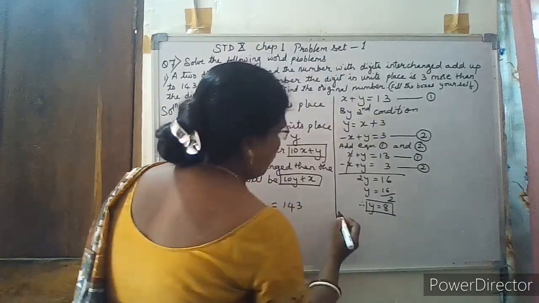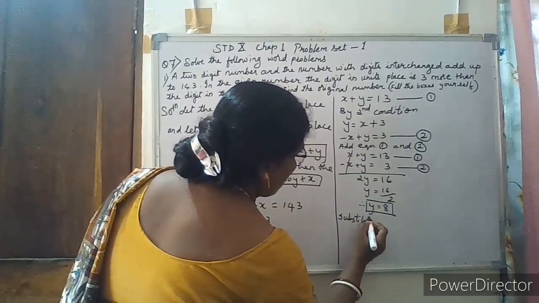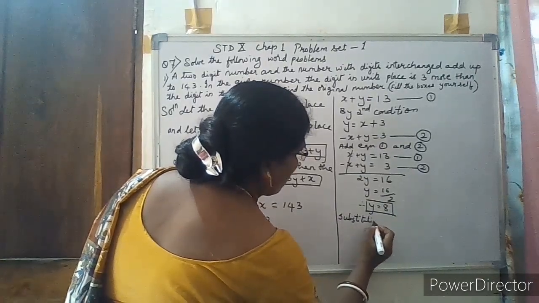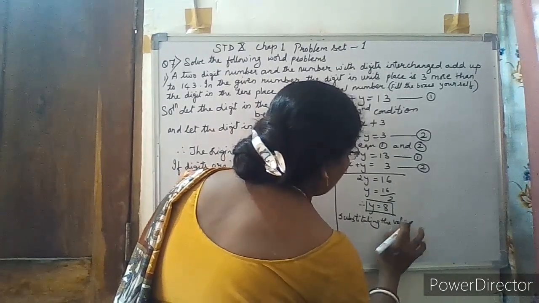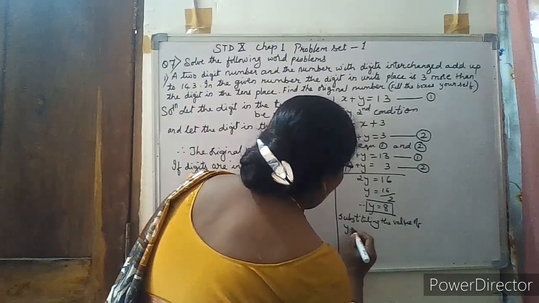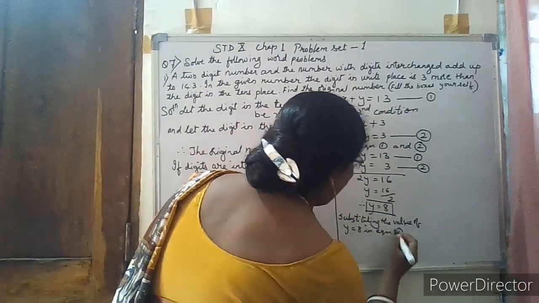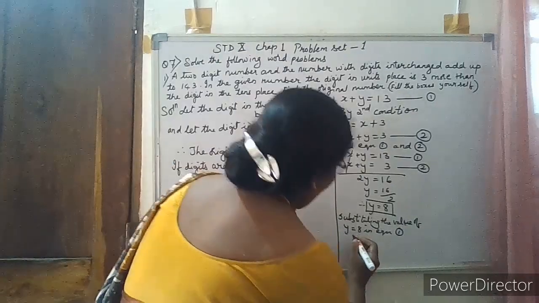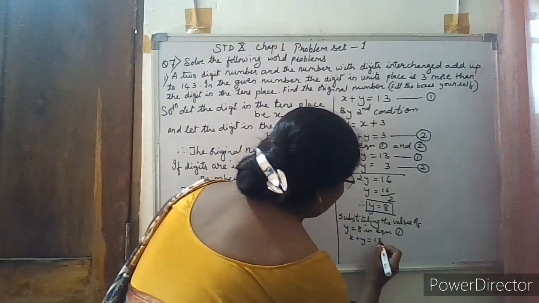Substituting the value of y equal to 8 in equation 1, let us take. So equation 1 is x plus y is equal to 13.